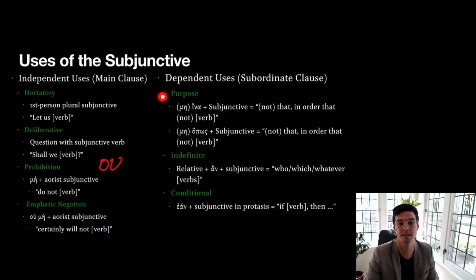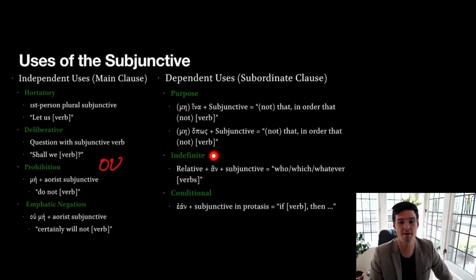The first is purpose clauses, and there are two different forms of this. One with hina and one with hopōs. We've learned in the vocabulary, we learn these both as "so that" or "in order that." And then the subjunctive will follow them, indicating the purpose for which an action happens. The second function of the dependent use of the subjunctive is in an indefinite clause.